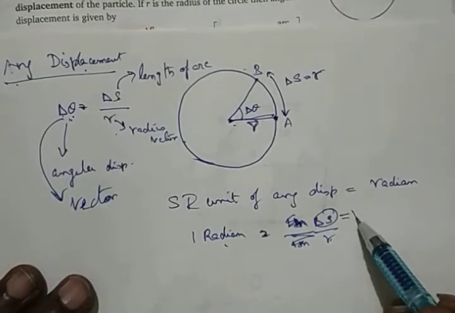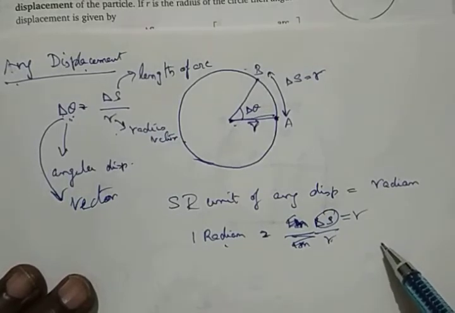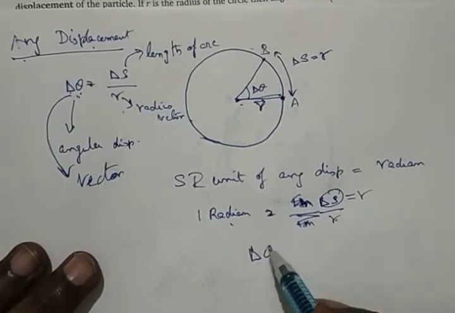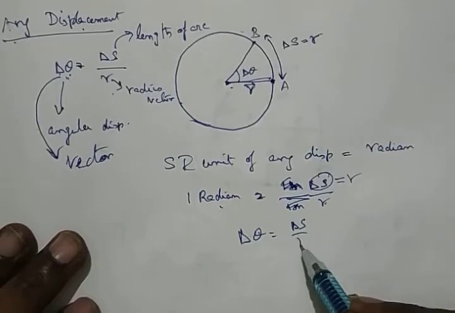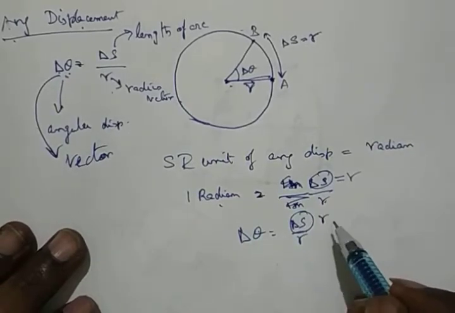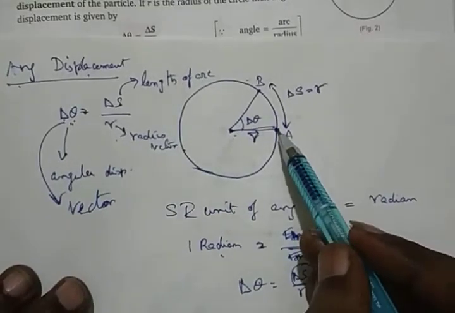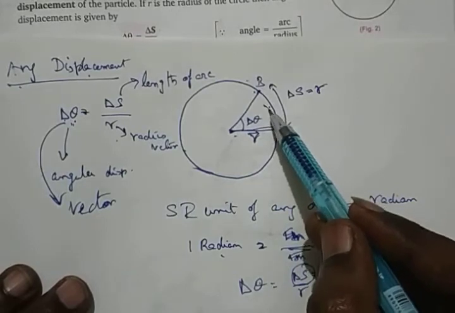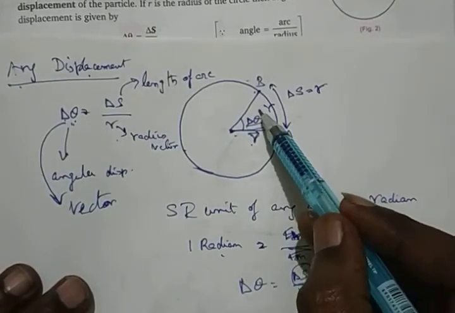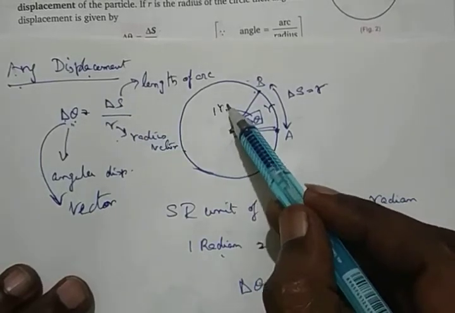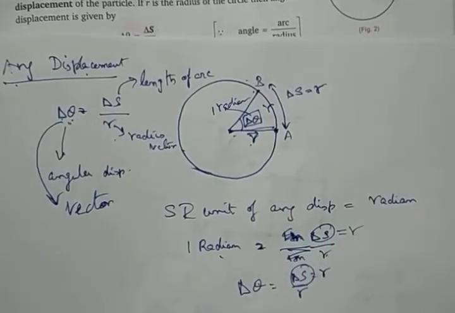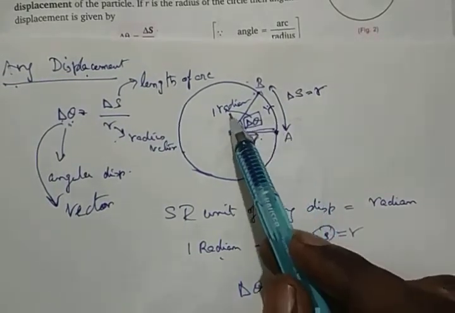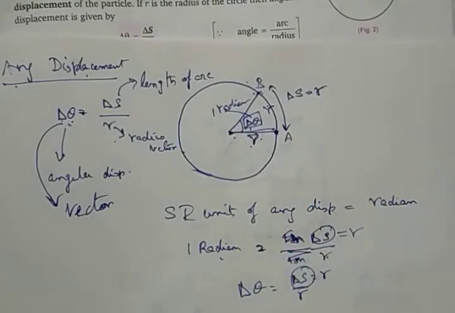When this delta S is equal to the radius of this circle itself, then it is going to be equal to 1 radian. Delta theta is going to be 1 radian when delta S upon R, where delta S is equal to the radius of the circle. When from A to B it travels exactly the radius of the circle itself, then this is also R, this is also R. What is delta theta? That is 1 radian. Hope you are understanding what it is. Same radius, this also should be radius distance itself, then the angle swept is going to be 1 radian.